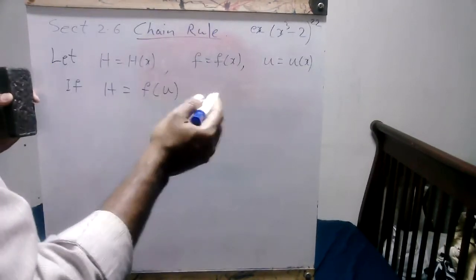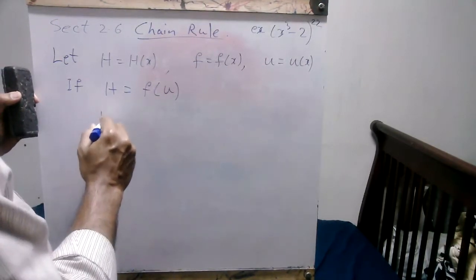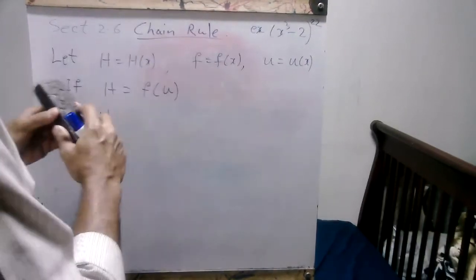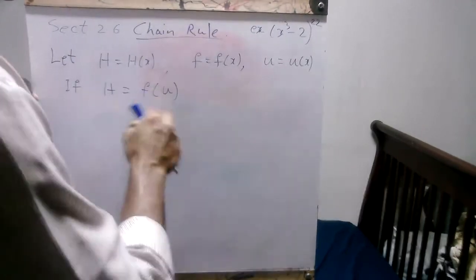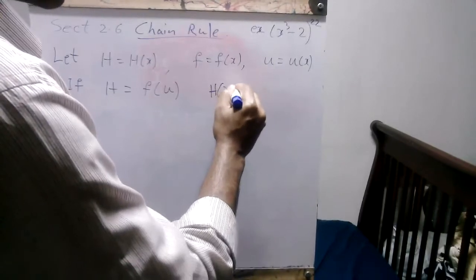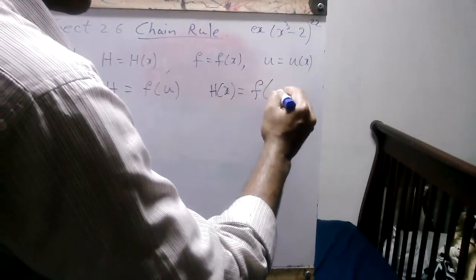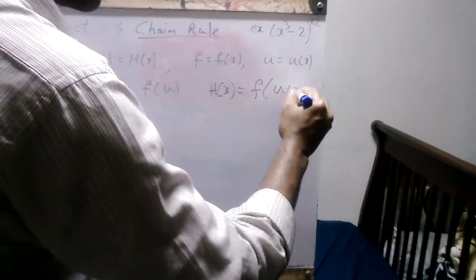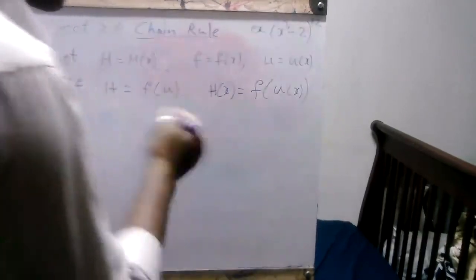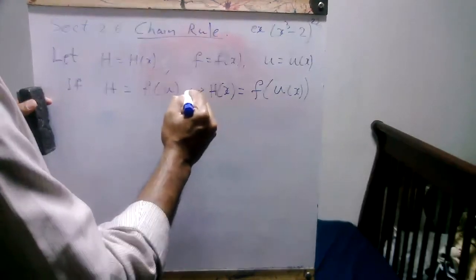Right? In other words, what this means is, write it on the side, it's not part of the chain rule: h of x equal to f of u of x. This is exactly what this means.